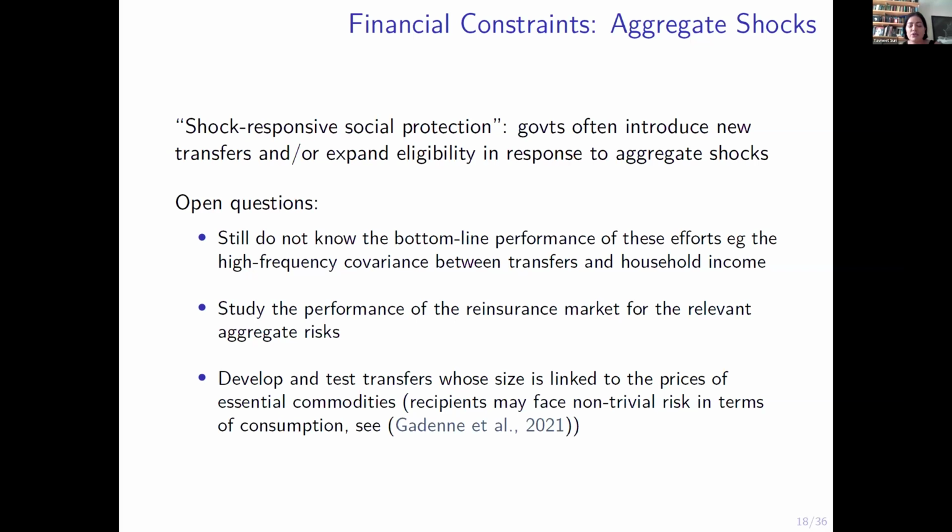So when there's a natural disaster, you can think about it affecting prices quite dramatically. And so thinking about how we try to link the transfer size to some version of the magnitude of the shock is also relevant. There's a nice paper by Lucy Gooden and others showing that there are price effects of cash transfers, and how to implement cash transfers in that world becomes a little more nuanced than we might traditionally think.